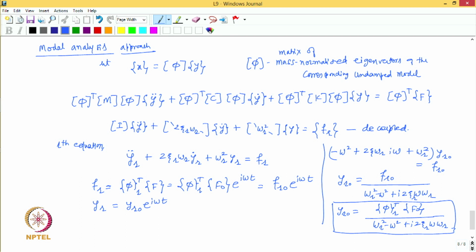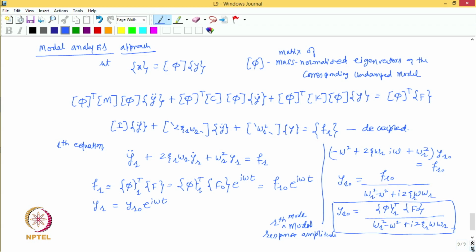So, now we can find the physical response. This is nothing but the rth mode modal response amplitude, right.